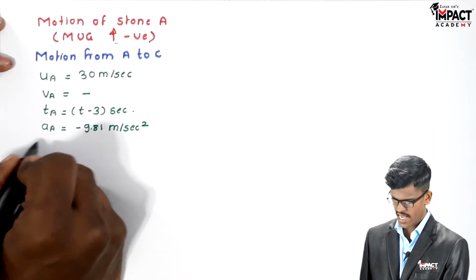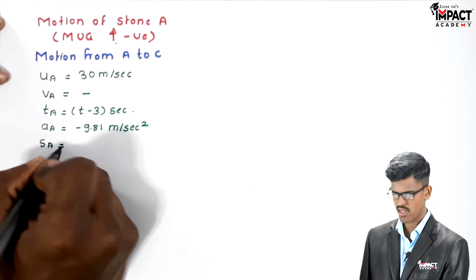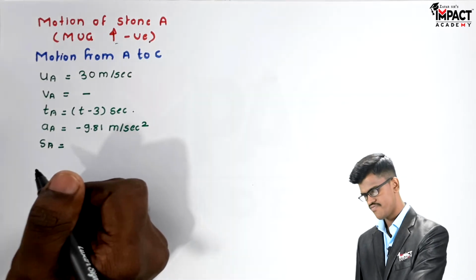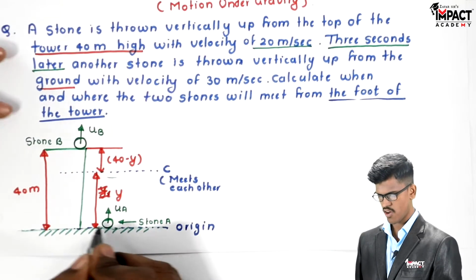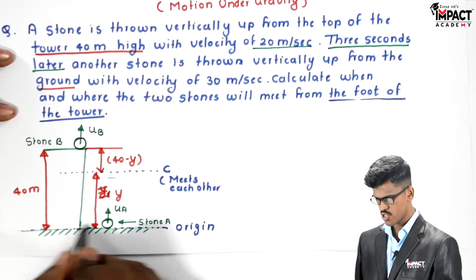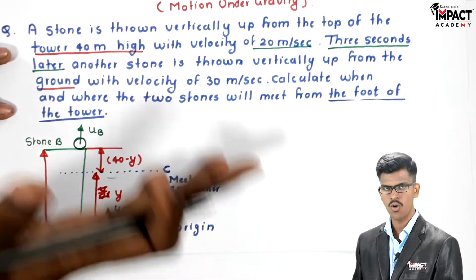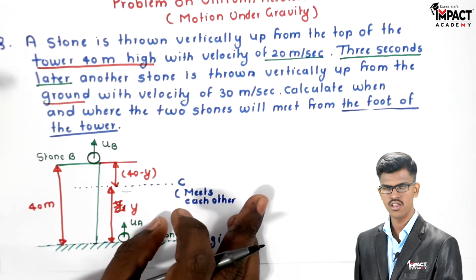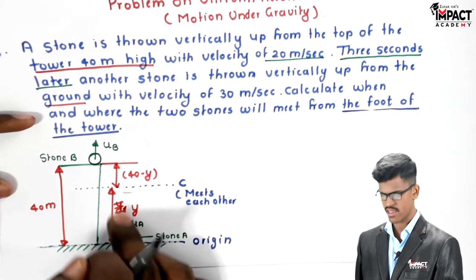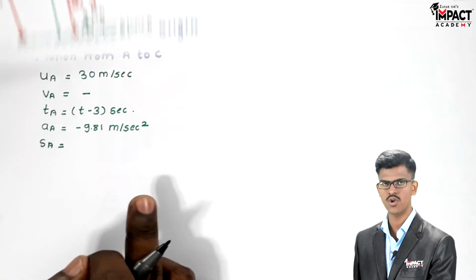And the last part is the displacement of A. Here the initial position of stone A is at position A and the stone is above the initial position, therefore we consider this displacement equal to positive y.